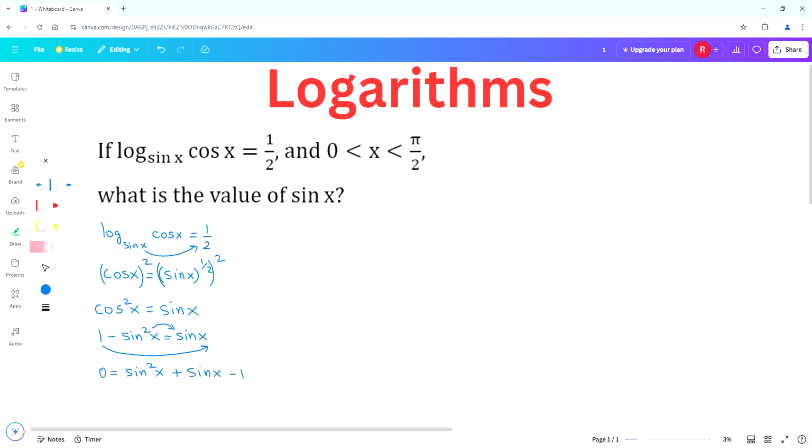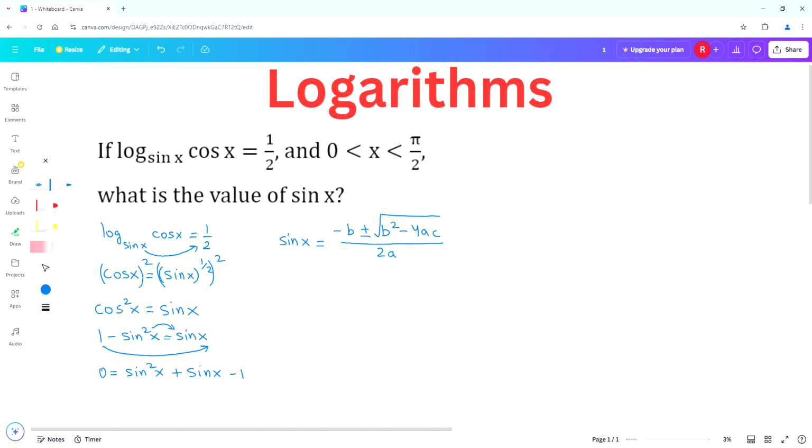We can use quadratic formula. The quadratic formula is, we write sin x on the left side because we are solving for sin x in this equation.